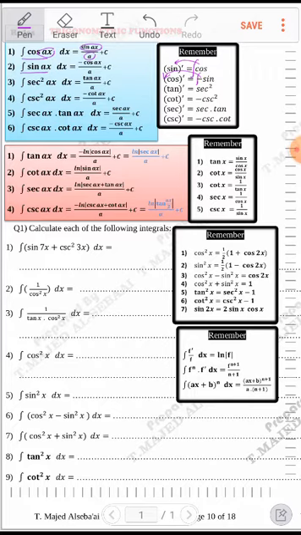Okay, in front of you on this screen we have how many boxes? We have 6 boxes, as you can see. The blue and the red, the colored ones, are the rules of integration for the trigonometric ratios or functions, while this box is the rules of differentiation.